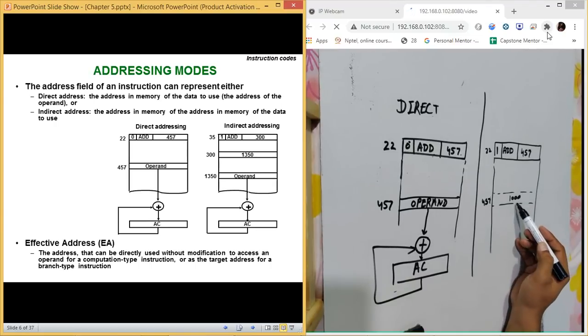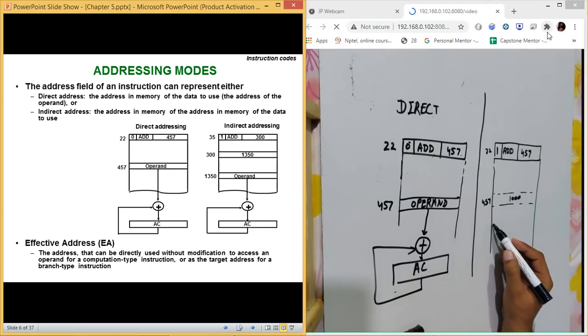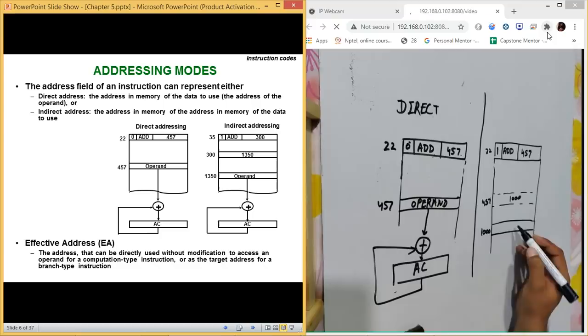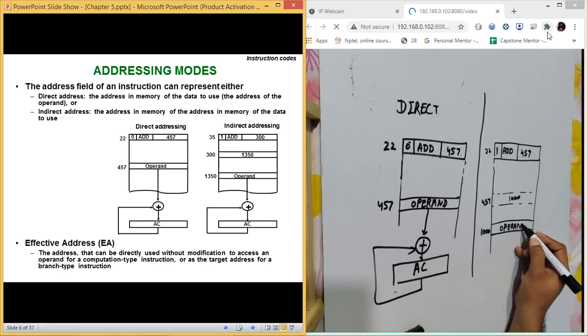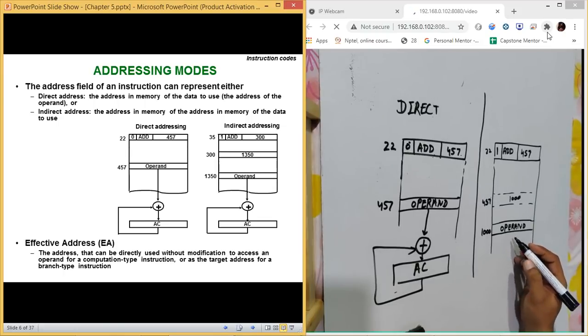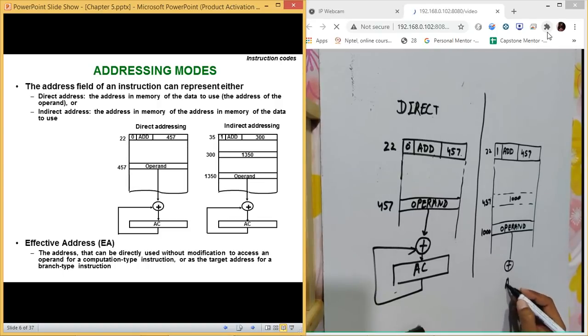So the address which is mentioned at this place, I will need to visit that address, and there I will get my operand. And once I get the operand, then we are going to perform the add operation, and our result will be.